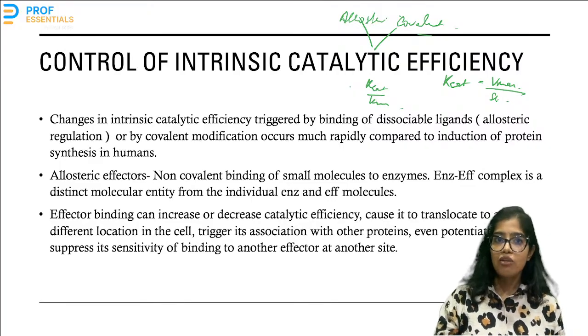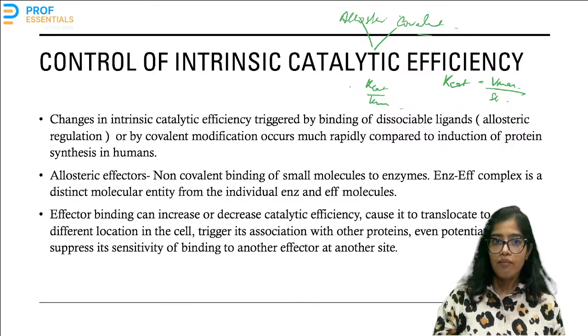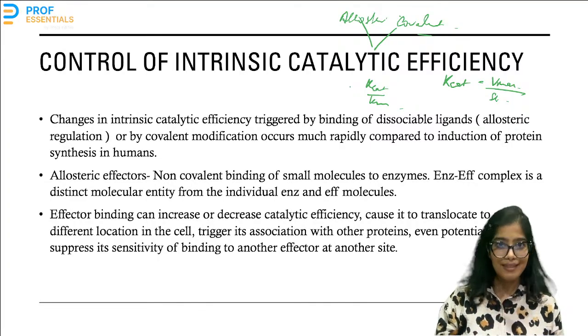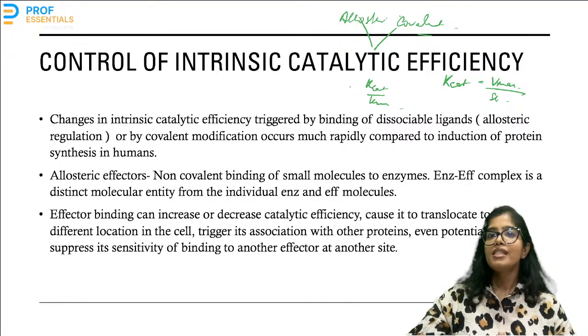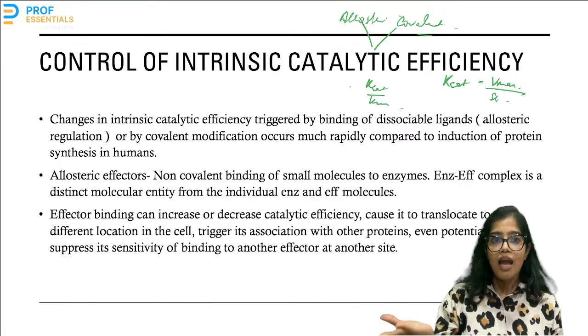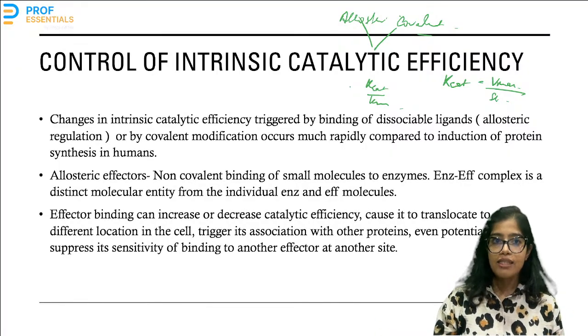Now, what are allosteric effectors? Allosteric effectors bind to the enzymes by non-covalent interactions. They have a separate site, other than the active site, for their binding, and once they bind to the enzyme, there is a change in its catalytic efficiency. Allosteric: allo and steric. Steric means in space, allo means different.